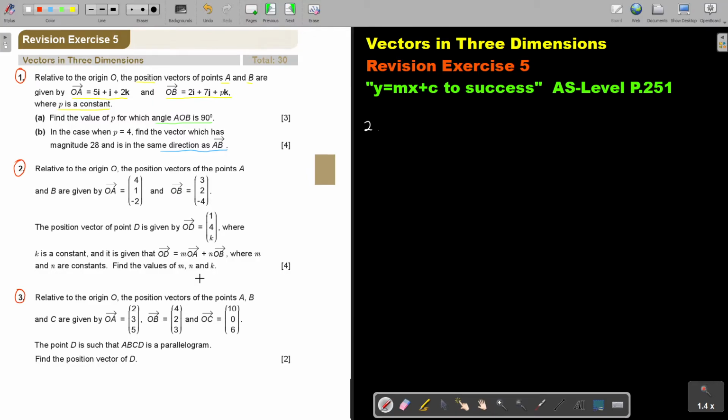Let's start by first writing down everything. OA. Now, always keep to the form which they give. In the previous one, it was in terms of base vectors. In this, it's a column. So I'm going to keep it in that, and I'm going to write all my answers in this form now. So keep to the form.